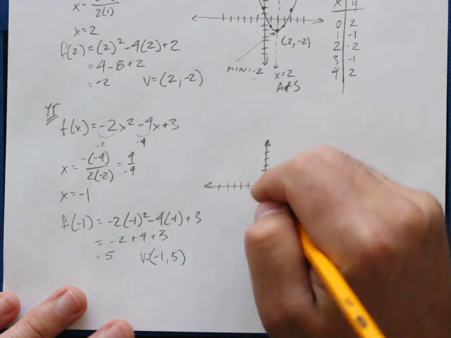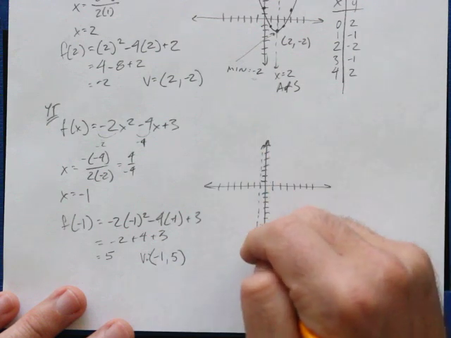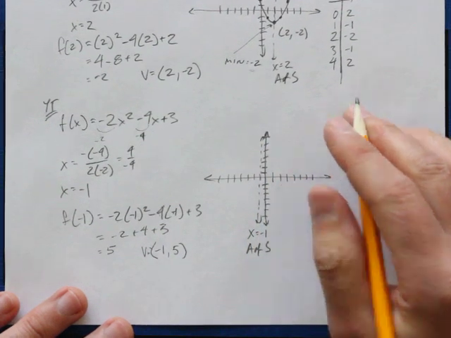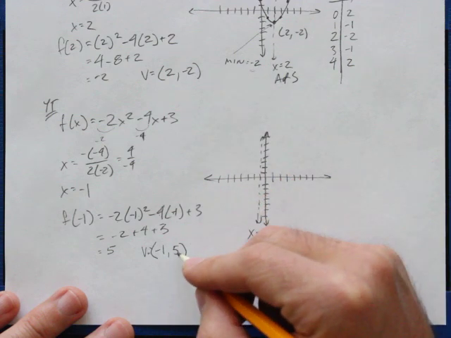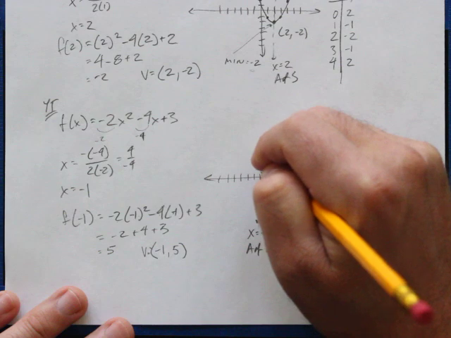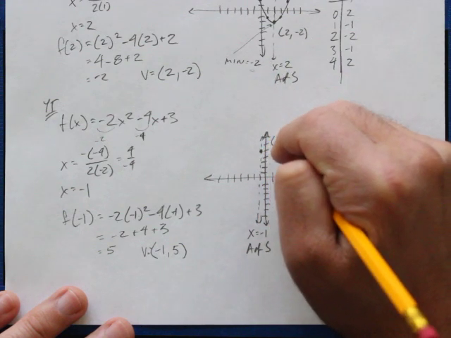So x is negative 1. There's my axis of symmetry. And y is 5. That'll give me my vertex. 1, 2, 3, 4, 5. Negative 1, positive 5, that's my vertex.